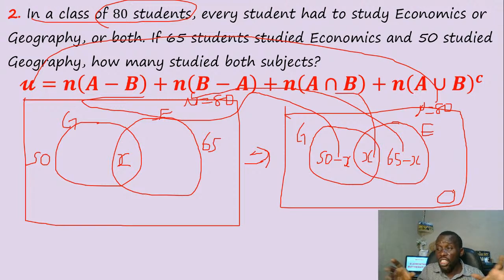When you see or, that is a union. When you say no, it's a complement, meaning they neither study geography nor economics.